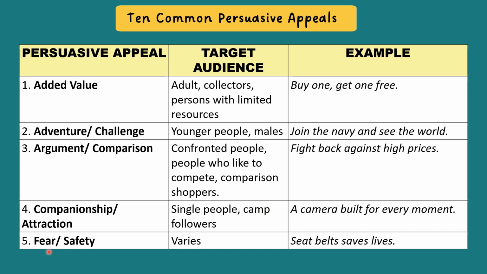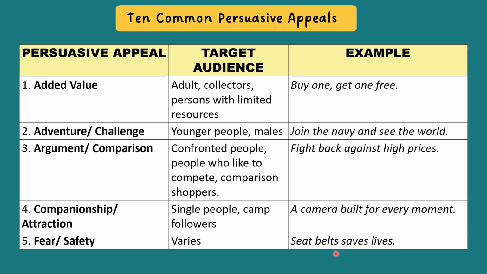Another, fear or safety. Persuasive appeal, fear or safety. The target audience varies, meaning anyone. Because we people, it's just normal for us to feel fear, or that we want to be safe. So, the target audience can be anyone. Example, for fear or safety, seat belts save lives.